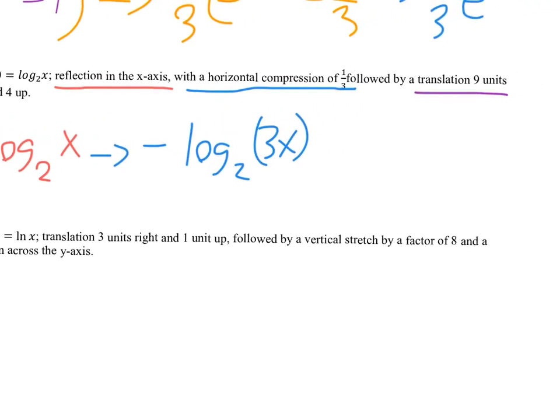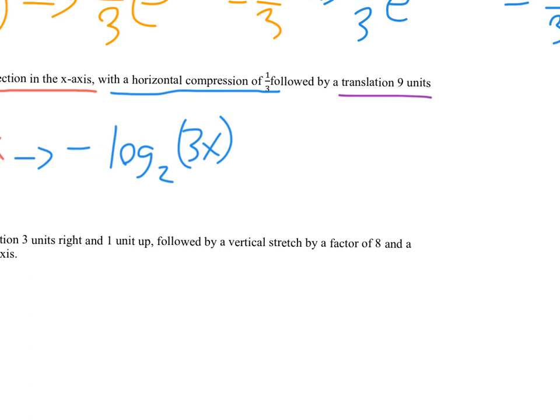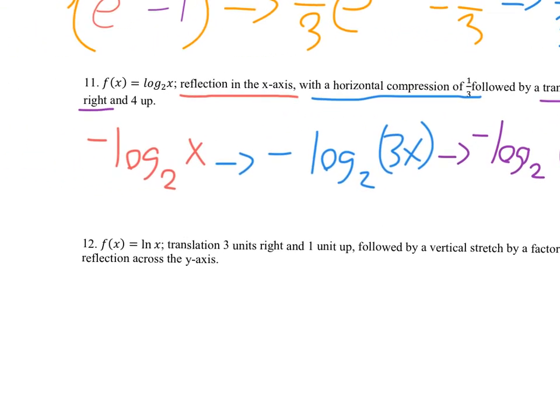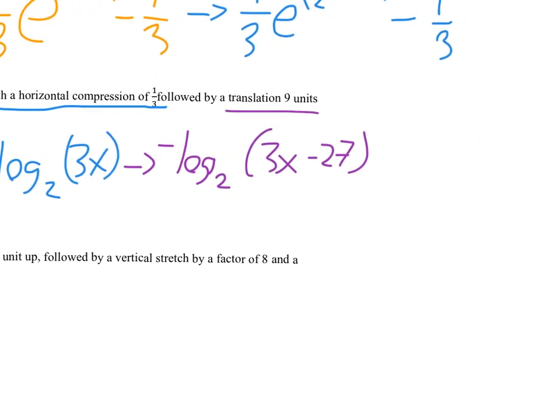So what that's going to look like is we're going to have our negative log base 2 of our 3x minus 27. And the last thing we want here is to have up 4, or 4 up, which means we're going to have a nice little plus 4 at the end here.